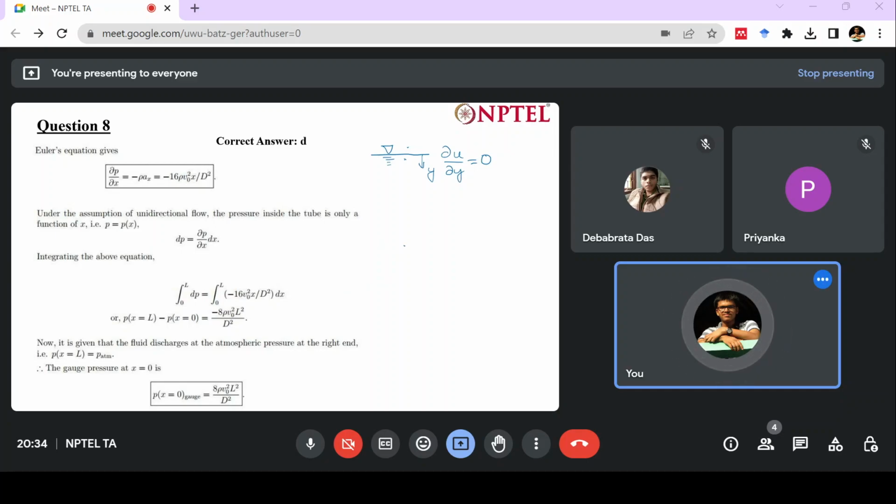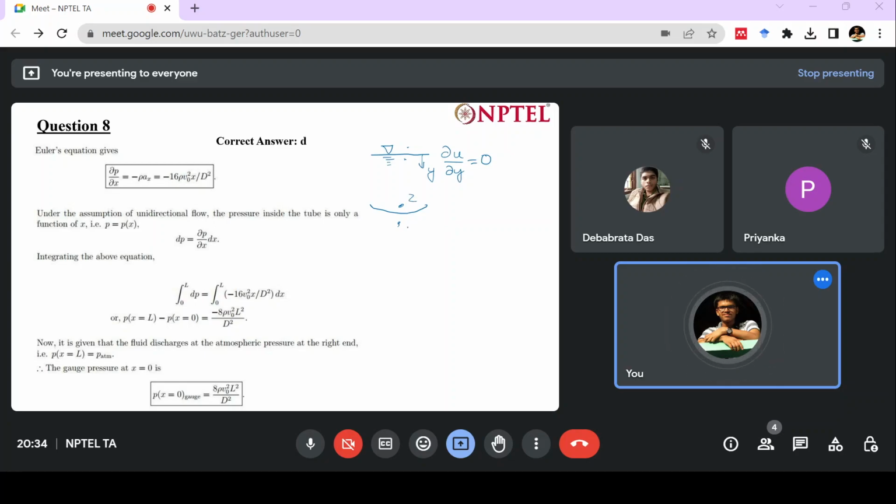If it were curved, that would not have been the case. If it was a curved surface, then pressure here and pressure here would not have been the same. Why? Because we know that if this is the case, then there is a pressure jump.